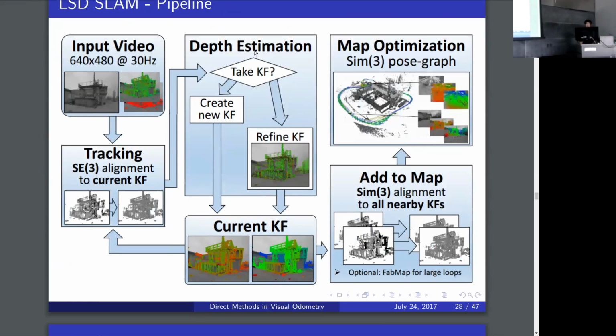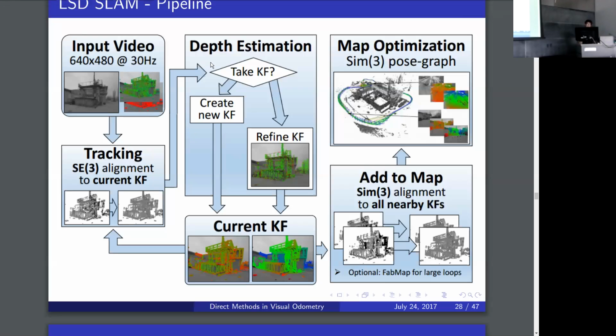So the general pipeline is you have the tracking part, the depth estimation part, and also the map optimization part. What is different to the SLAM algorithms that we've seen so far is that PTAM, for example, takes keyframes relative to time. So after a certain amount of time, they'll take a new keyframe and use that as a basis for tracking new features.